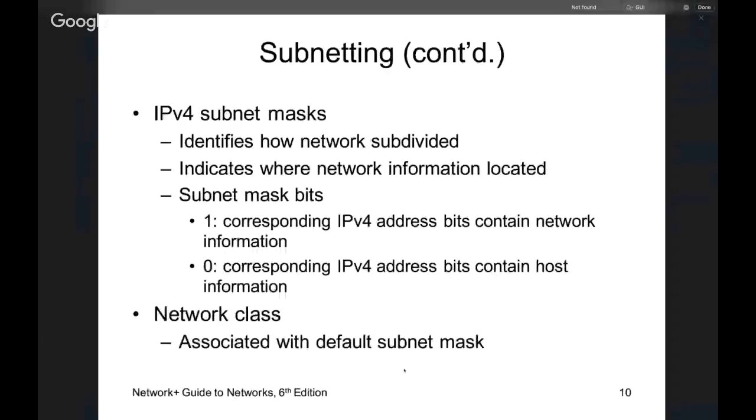The network class is associated with the default subnet. Remember when we did the local intranet lab, where I had you type in the 10 dot number, you hit tab, and then it filled in only 255.0.0.0.